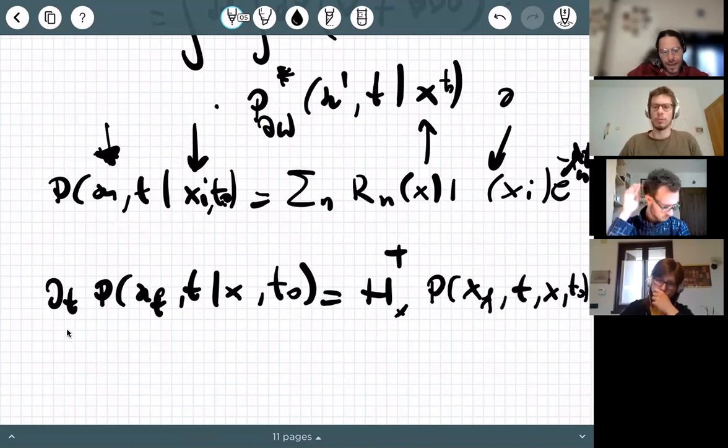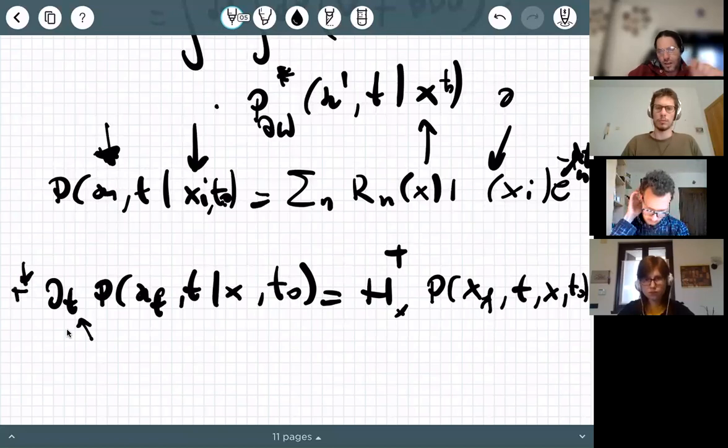Where again, I flip the sign from negative to positive because this time I'm differentiating with respect to t and not t naught. And the two are related by a negative sign. Okay? But now you're done.